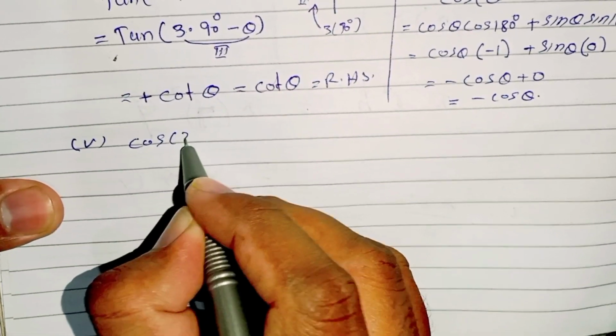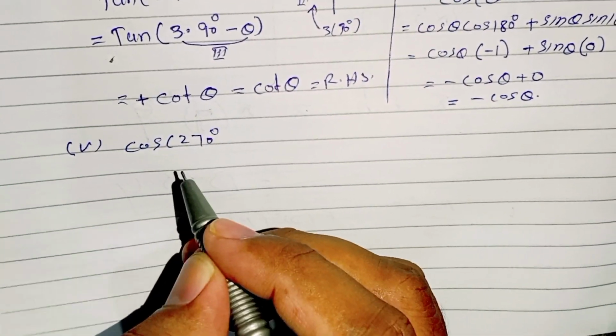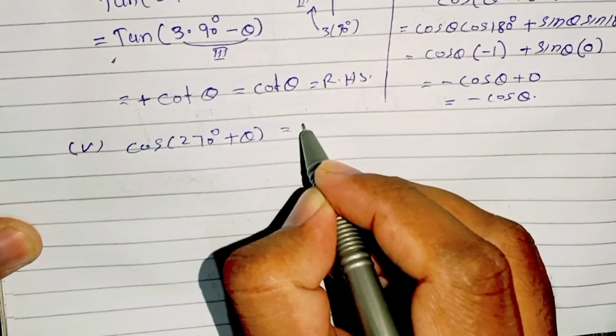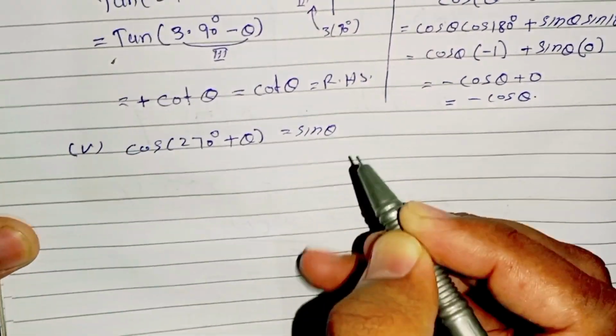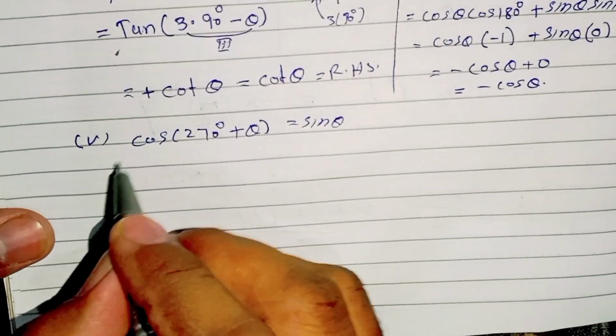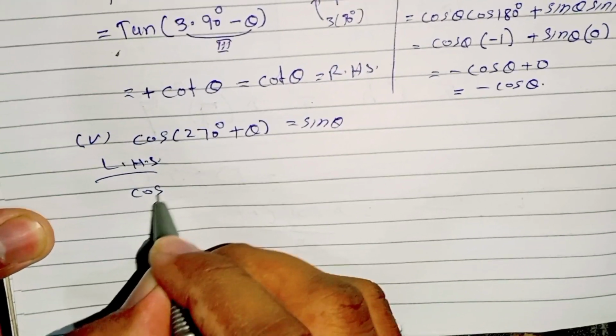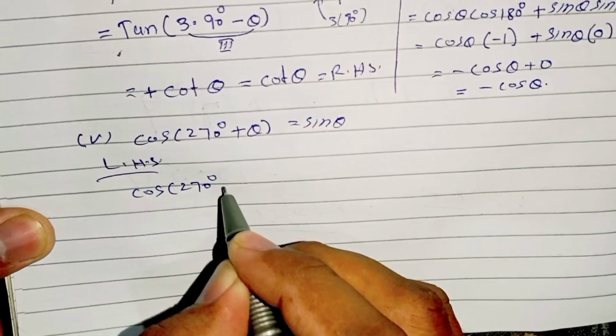Part 5: cos(270 degree plus theta) is equal to sin theta. Left hand side, cos(270 degree plus theta).